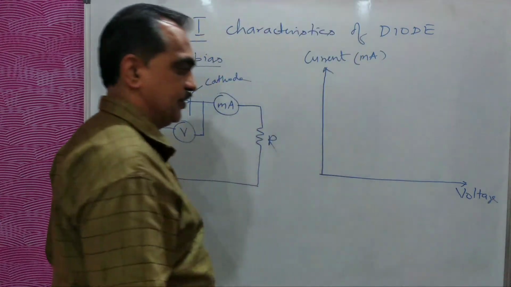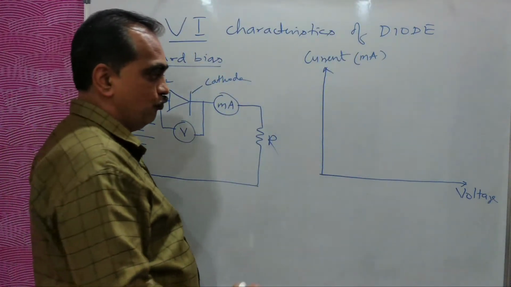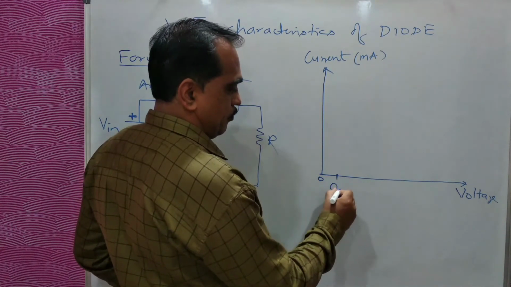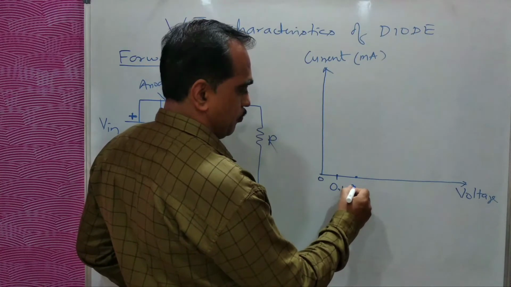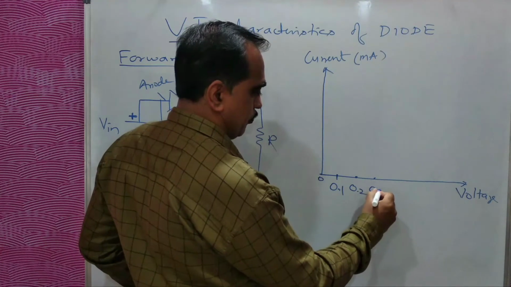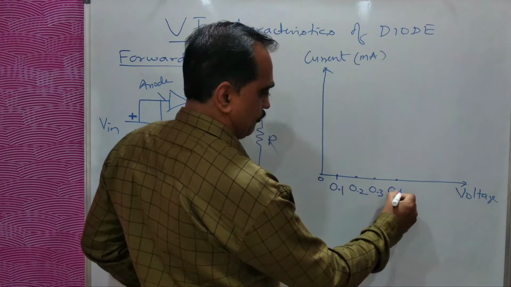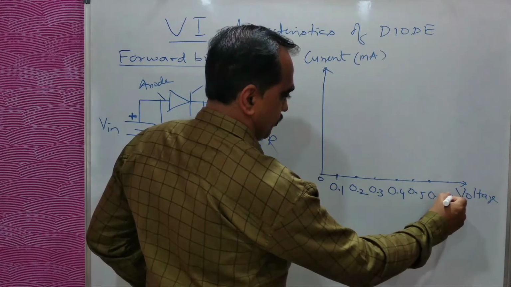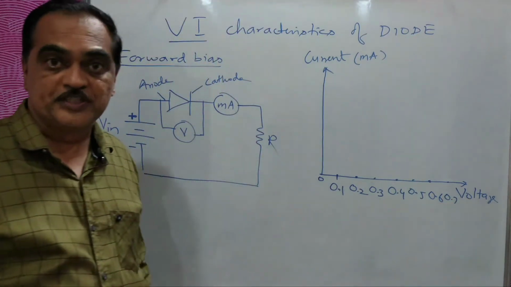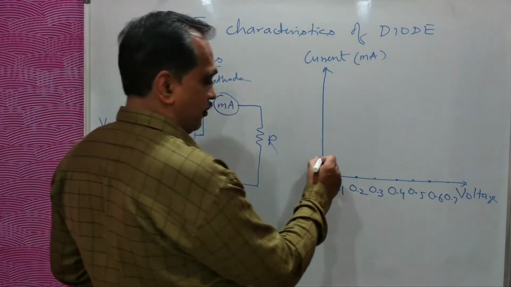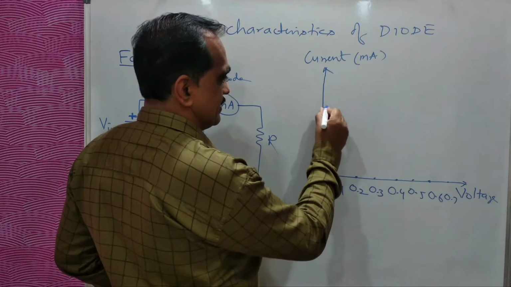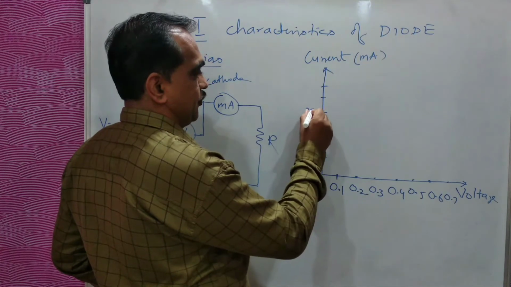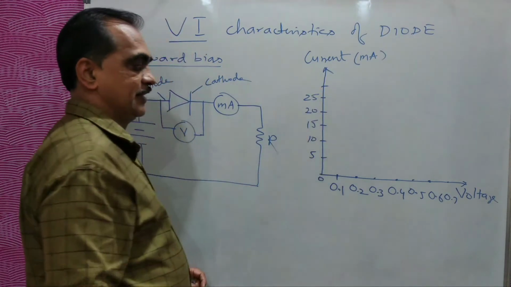Now voltage will be varied in 0.1, 0.2, 0.3, 0.4, 0.5, 0.6, 0.7, 0.8 in those steps, and current you will be having as say 5 milliampere, 10 milliampere, 15 milliampere, 20 milliampere, 25 milliampere, like that.